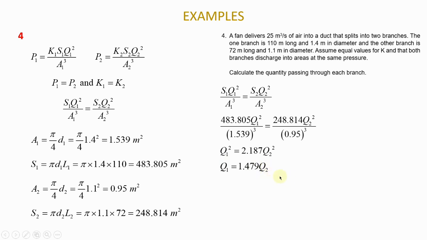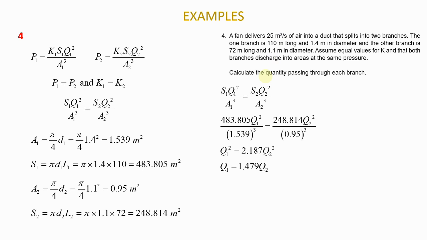Now, what are we going to do from this point? We do have this expression of Q1 in terms of Q2. So what you need to remember is that initially the sum of the flows that split into the two branches was 25 cubic meters per second. That was the flow rate there initially before it split into two.